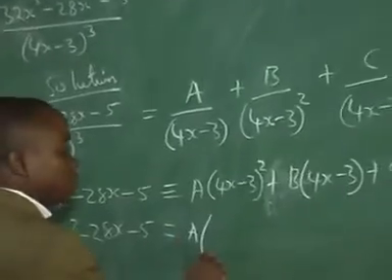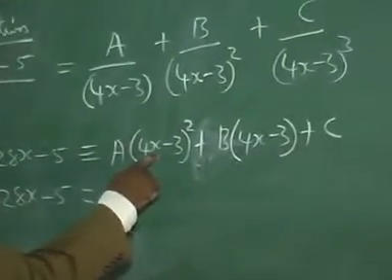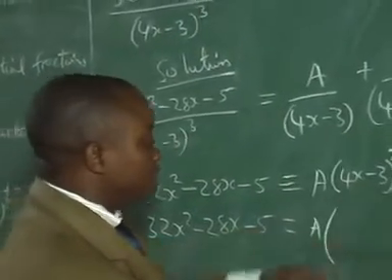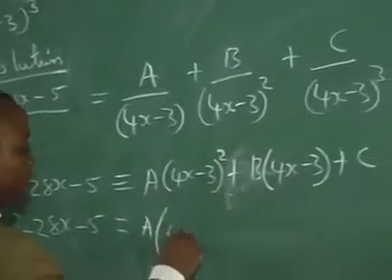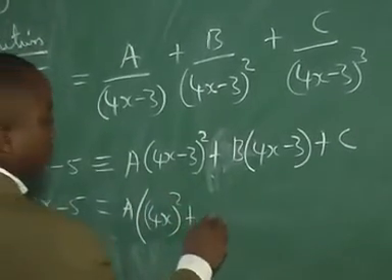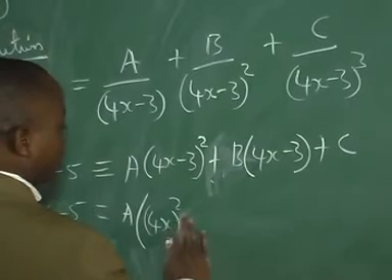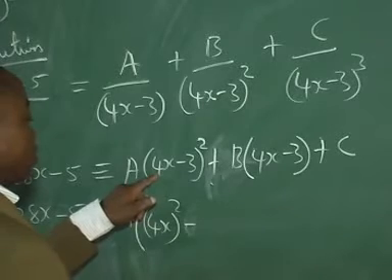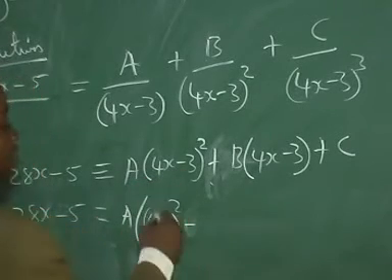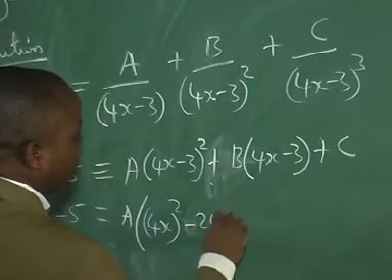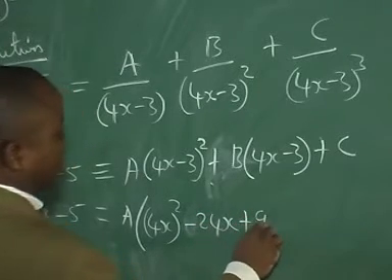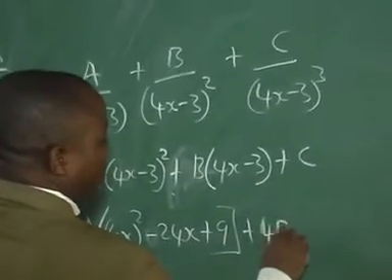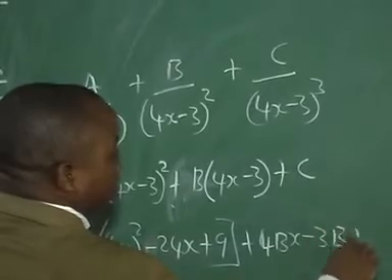Then A is by binomial expansion. We have to watch our lectures on binomial expansion. You see how I'm going to expand (4x minus 3) squared: we have minus 2 times 4 is 8, 8 times 3 is 24. So we have minus 24x plus 9, plus 4bx minus 3b plus c.